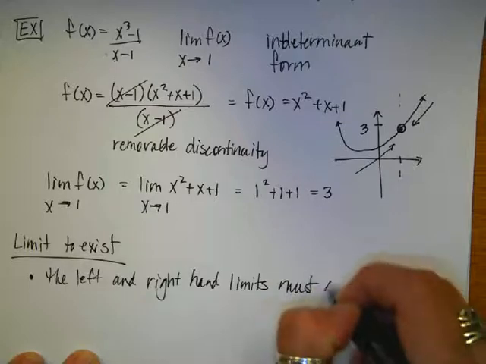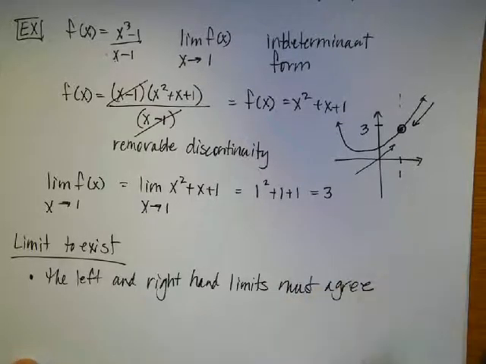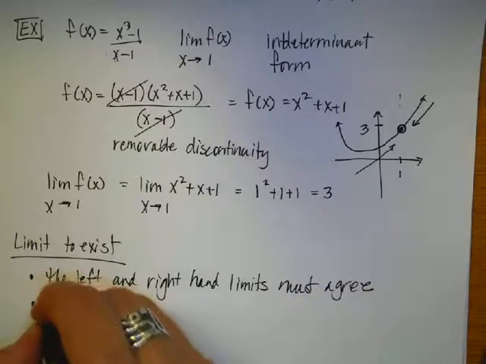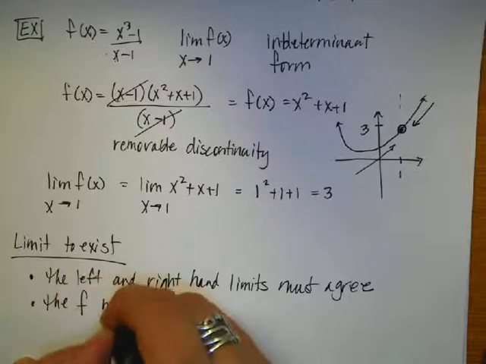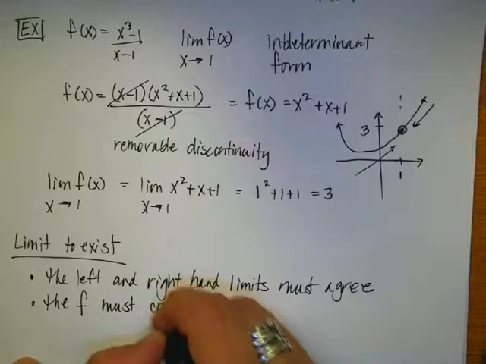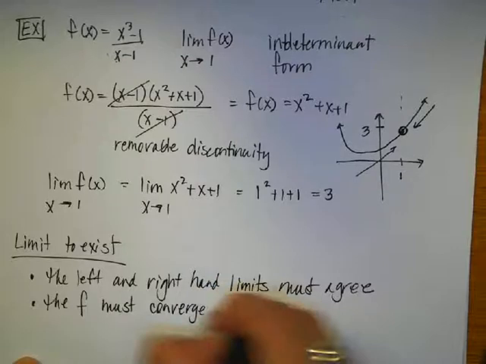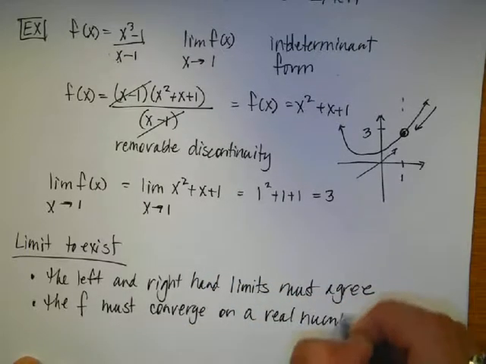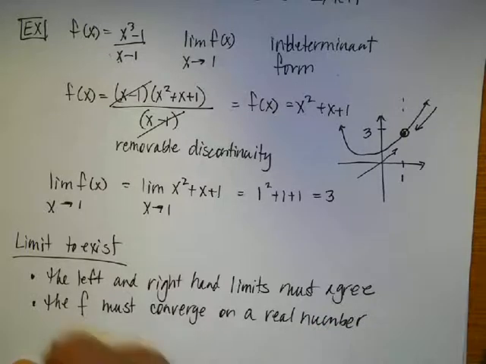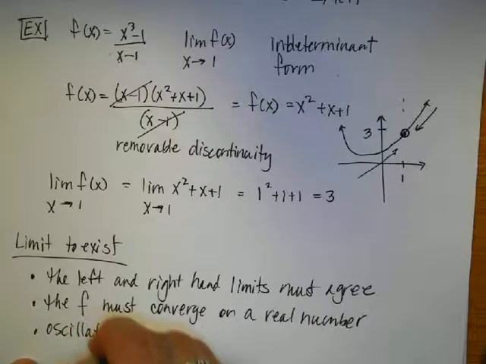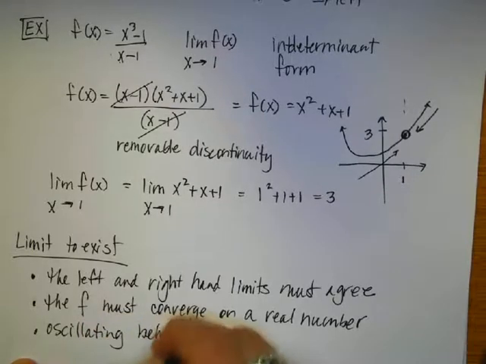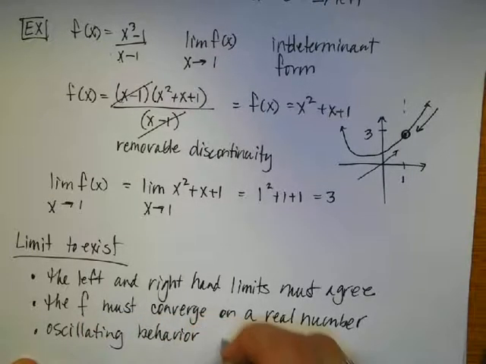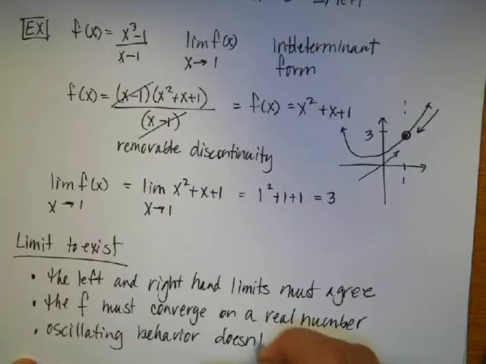Remember that the function must converge on a real number. Remember that oscillating behavior doesn't converge, and since it doesn't converge, then that would mean that the limit wouldn't exist.